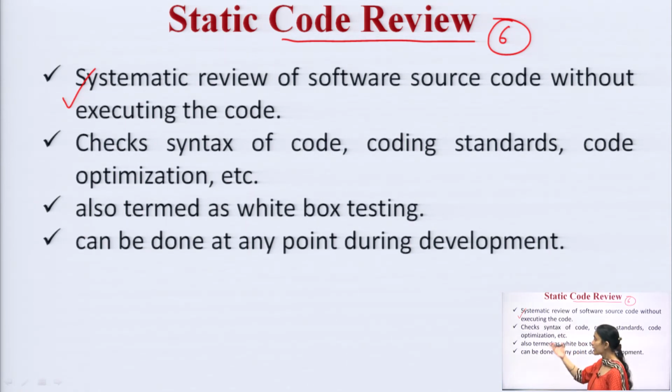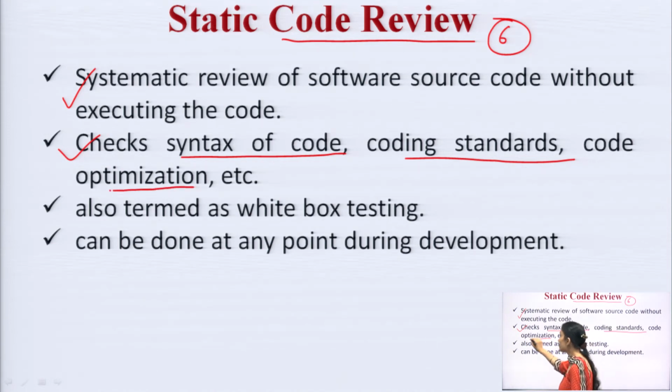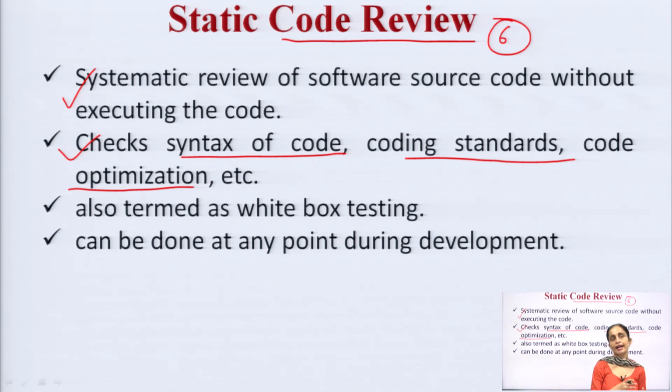What things are being checked? It checks the syntax of the code, it checks the coding standards, it checks how we can optimize the code further. Suppose I have selected any sorting algorithm in my software, so how that sorting algorithm can be changed if there is a chance of optimizing that sorting technique.